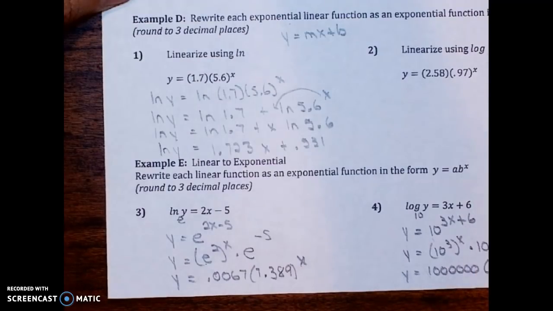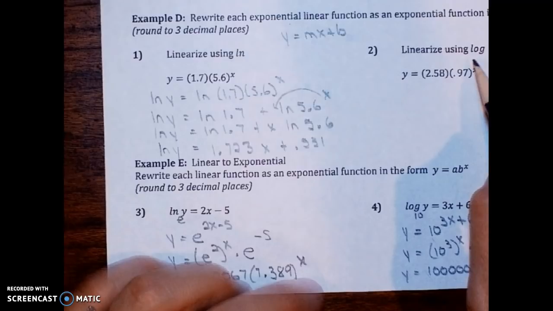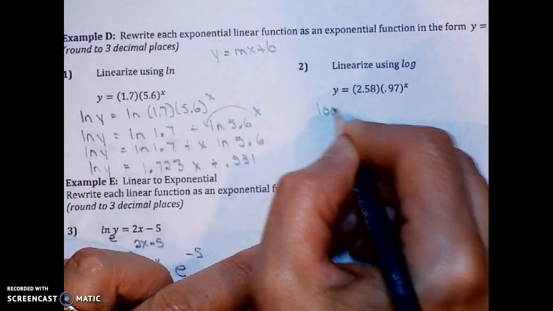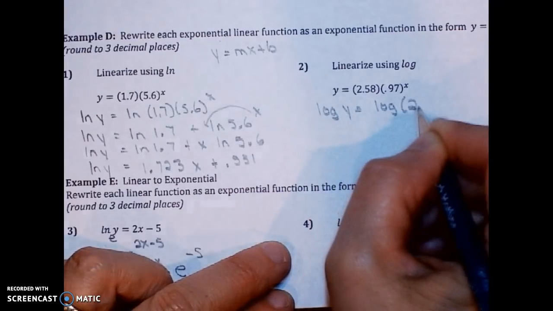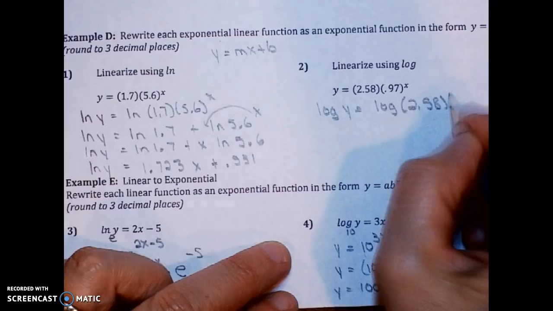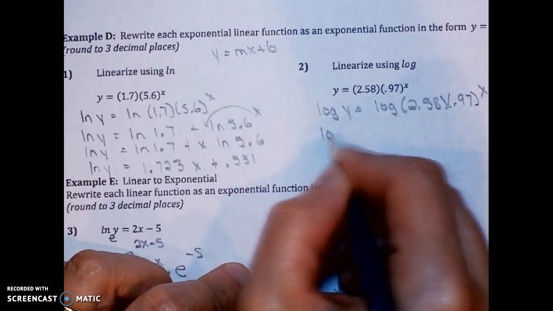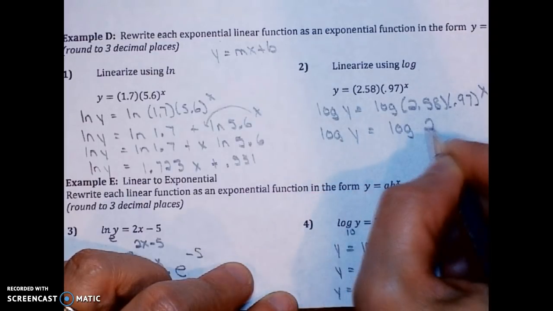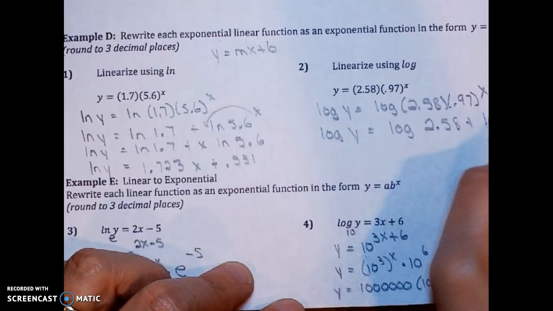Let's go look at the second one. Same deal over here. I want to linearize using the log. I'm going to take the log of both sides. Similar to what we did over to the left. We're going to separate this out to the log of 2.58 plus the log of 0.97. You've got that power of x.